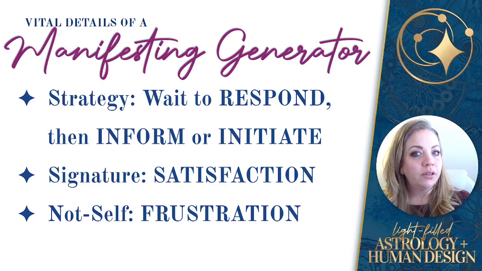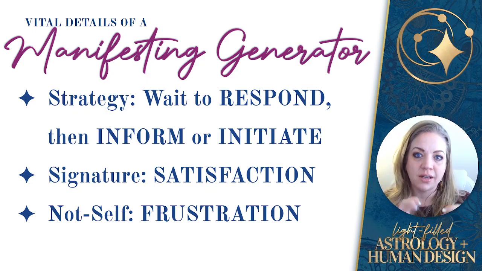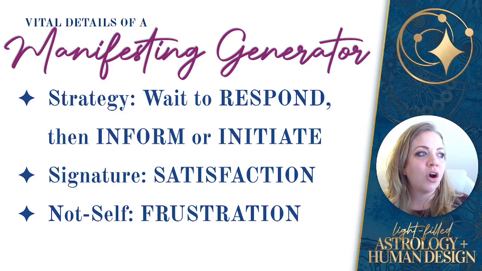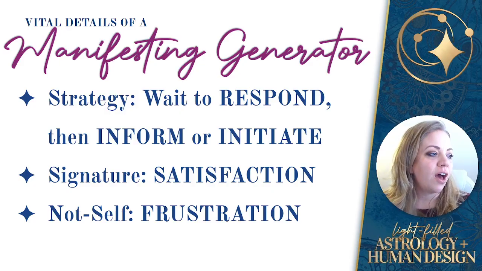The goal for a manifesting generator is to only be juggling things that are all at least an 8, 9, or 10 out of 10, like just awesome. Like they feel really good to you, right? So if going on a road trip is like a 3 to you, don't do that thing.